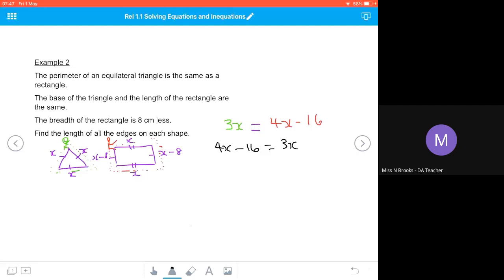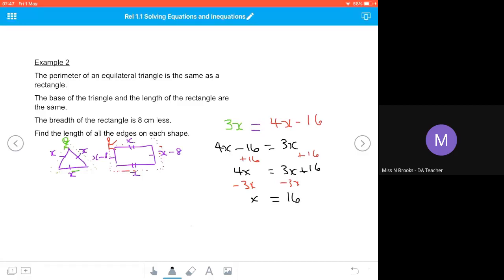So I'm going to have to add the 16 to both sides, so that I've got my x term on its own. So I'm going to have 4x equals 3x plus 16. And now I need to take away the 3x from the right-hand side. And that means that I have x equals 16.